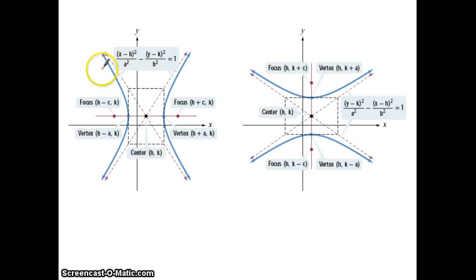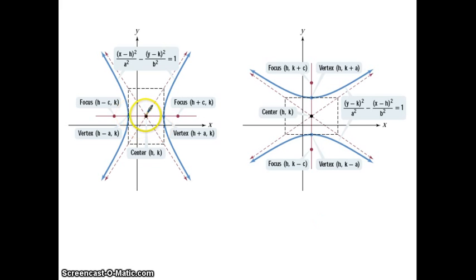Okay, so we're also going to be looking at hyperbolas with a center other than the origin, and that means that we're going to once again be dealing with a center of (h, k), and the h value is associated with that x value, and the y value is associated with the k value.